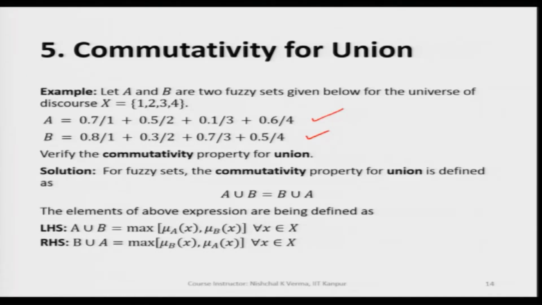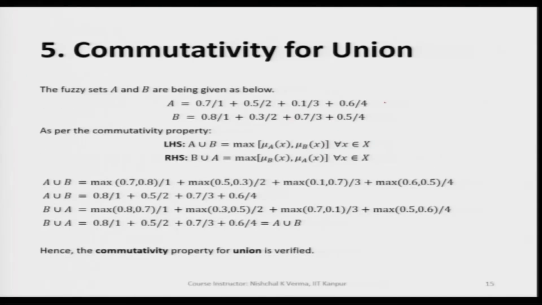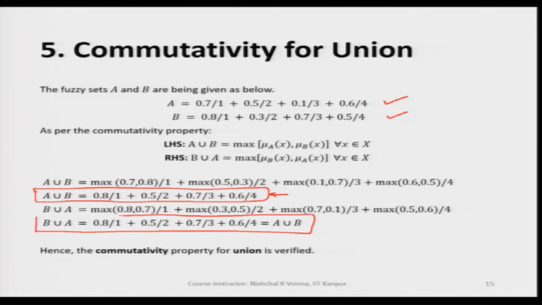So, here we have discrete fuzzy set A, discrete fuzzy set B, and see here if we find the A union B of the two discrete fuzzy sets, we are getting this, and when we are taking B union A, we are getting this as the outcome.